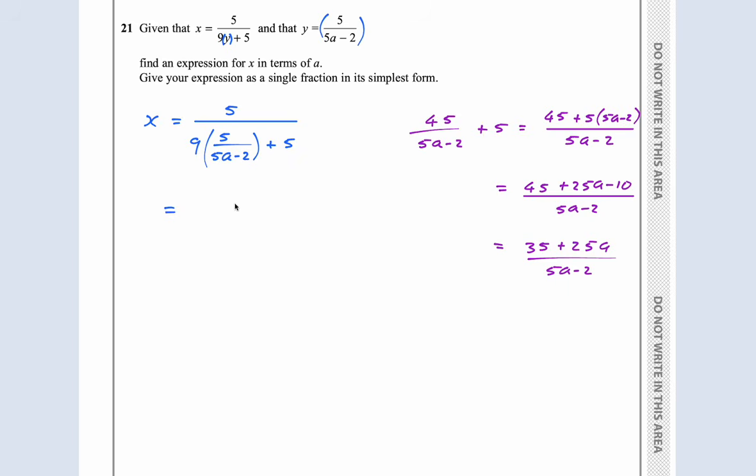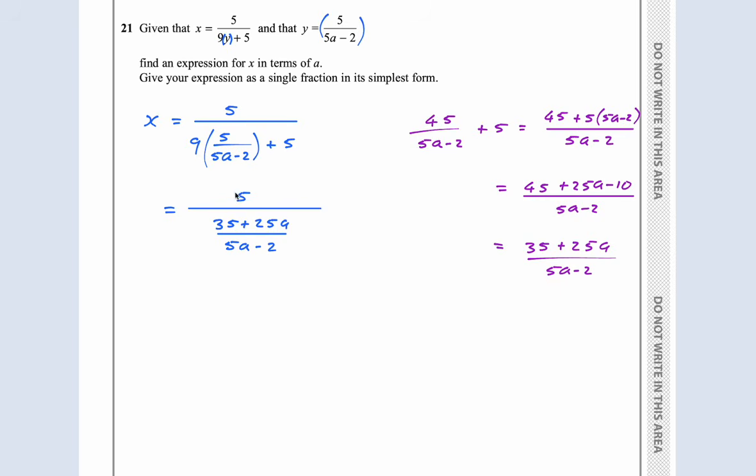Now I did warn you this was hard, guys. So it's 5 over. So this denominator line is bigger than this one. That's very important. So it's this divided by this. 35 plus 25a, smaller division sign, 5a minus 2. Okay, now you can think of this as 5 over 1 divided by this.